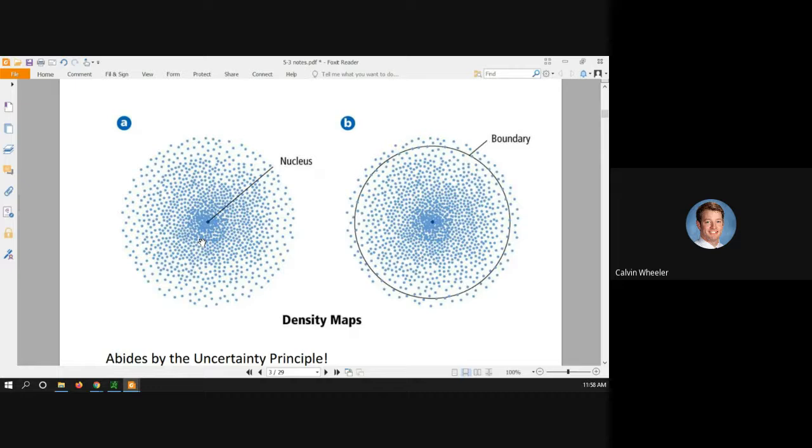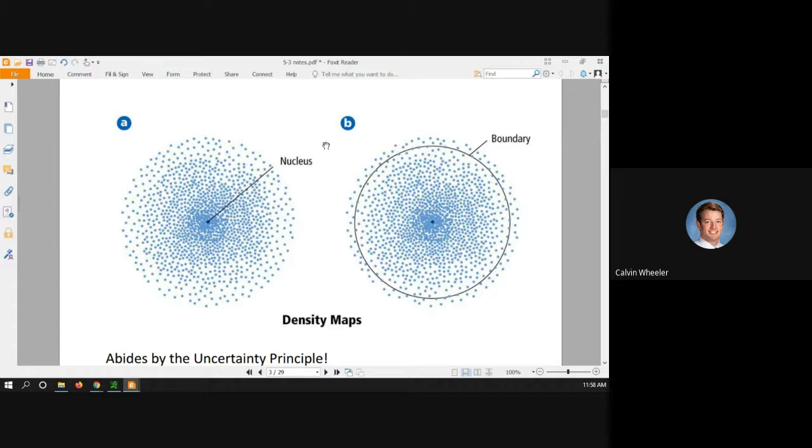As you can see, the probability that these electrons are found closer to the nucleus is greater than if they were found further away from the nucleus. That's what we're describing with these orbitals: the regions in which we can expect the electron density to be, where we can expect these electrons to be.